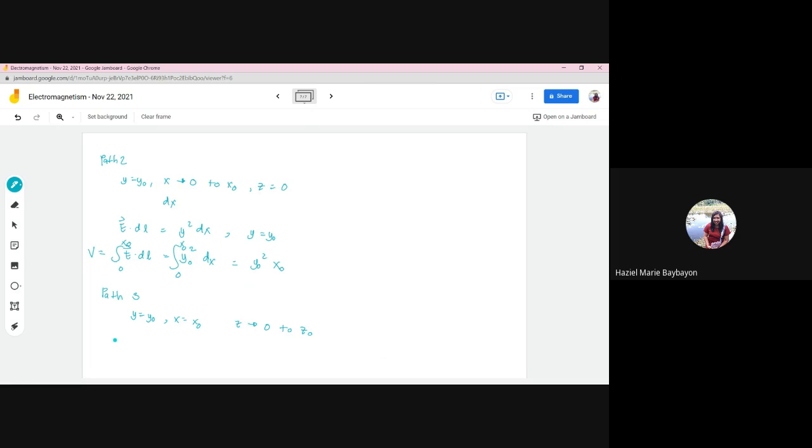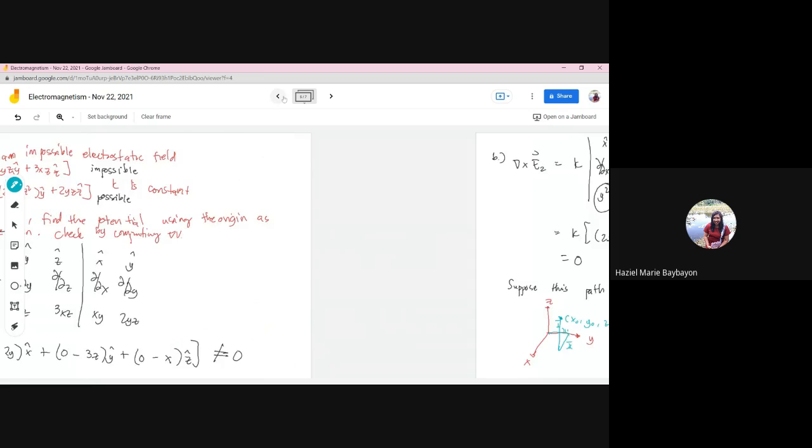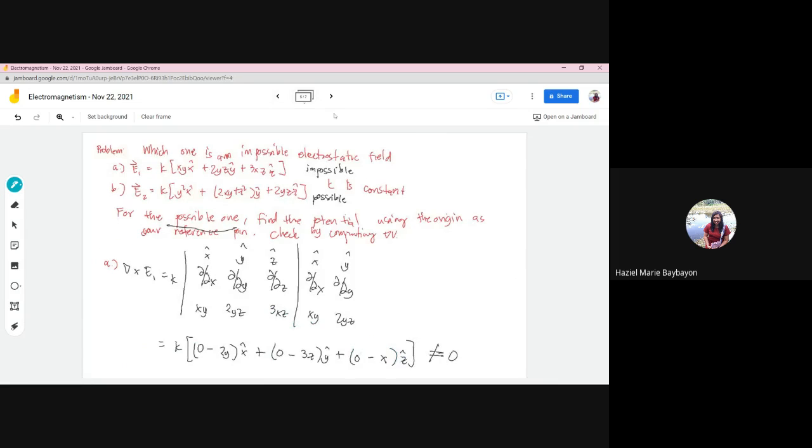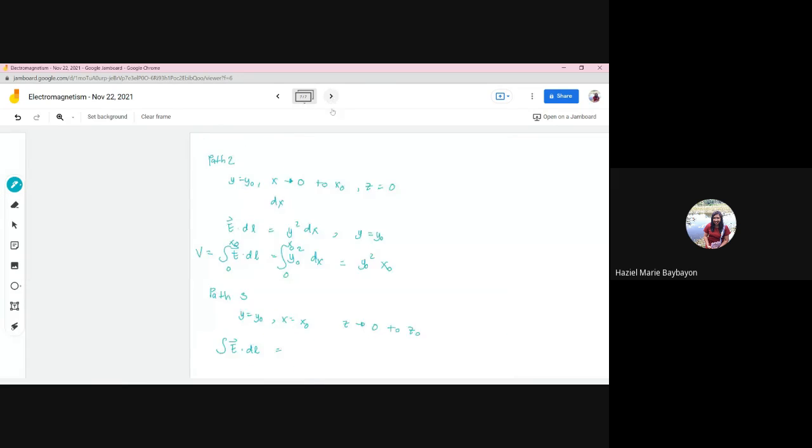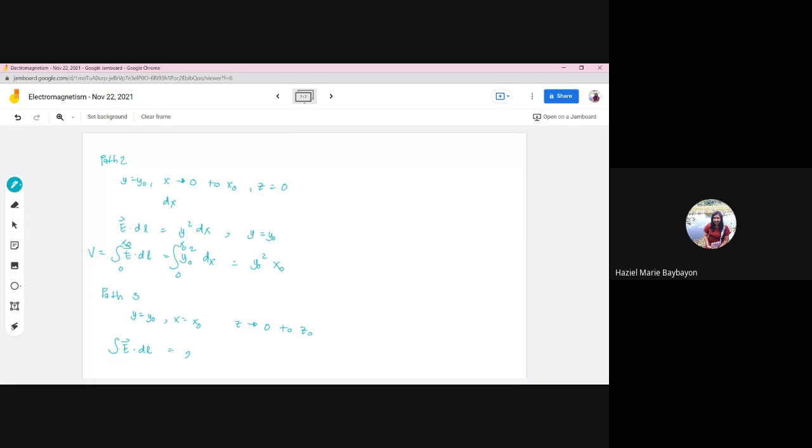Therefore, we will be integrating with respect to z. So we have E dot dl equal to the component 2yz, the integral of 2yz, where y is equal to y naught. So I can just write this as y naught, a constant. And then you have dz here, from 0 to z naught.